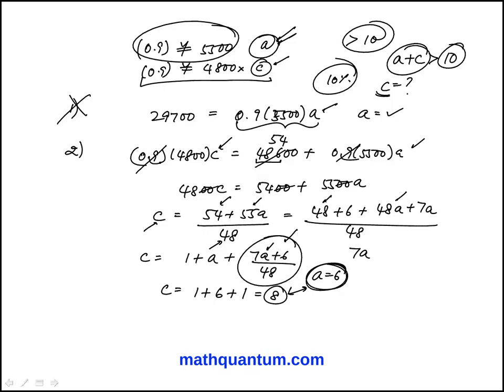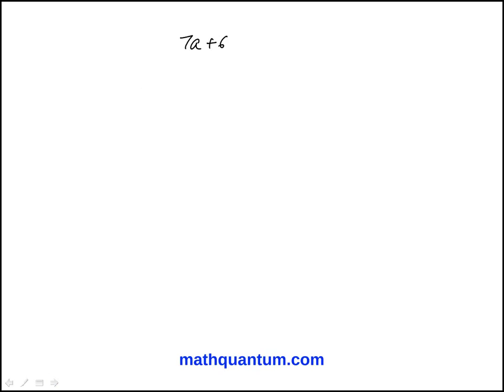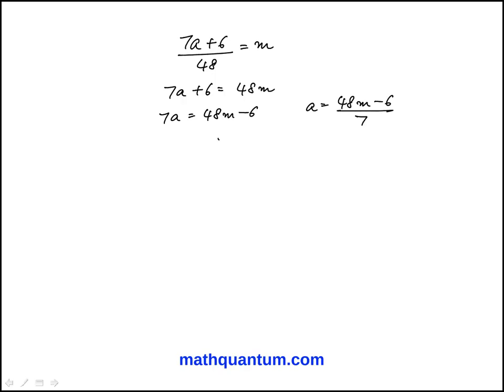Now how do we find the next possible value of A? So again, I'm going to call this an integer M. Let me just do it on the second page. 7A plus 6 over 48 is M. And 7A plus 6 is 48M. 7A is 48M minus 6. So I'm going to do that same procedure again, is to divide this by 7.